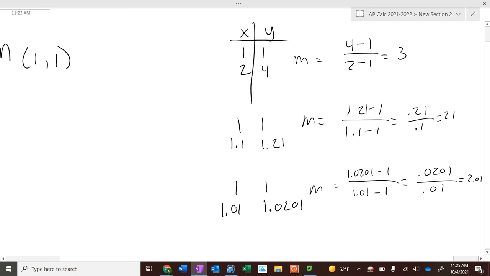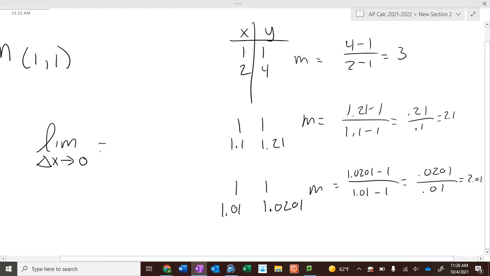Okay, this is like a limit problem. The limit as the change in x is going towards 0, because see how my change in x went 1 the first time, then 0.1 the second time, then 0.01 the third time. I'm getting closer and closer to a change of x of 0.